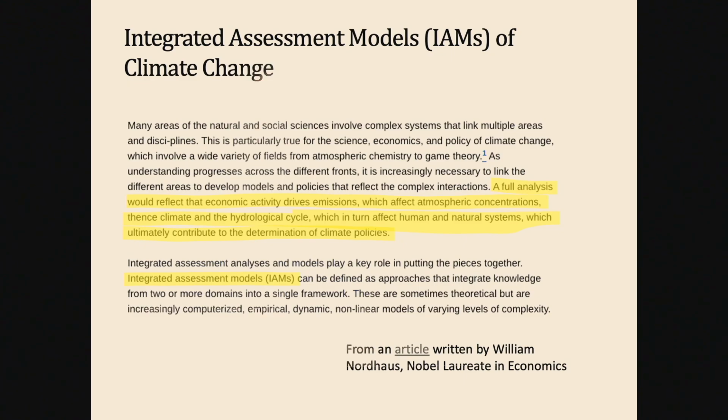These are really what we use to combine everything we know about how human activity leads to emissions, how those emissions impact our environment, and then how that change in the environment is going to impact economic activity.